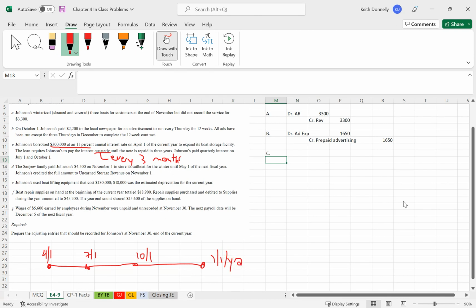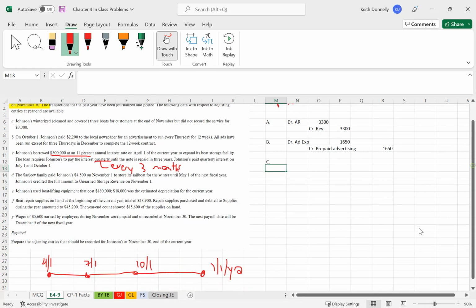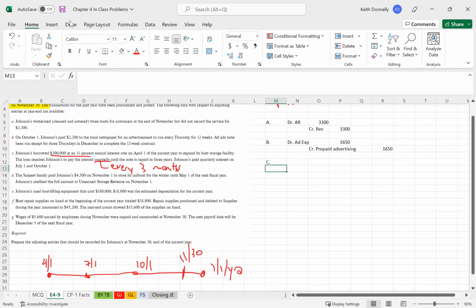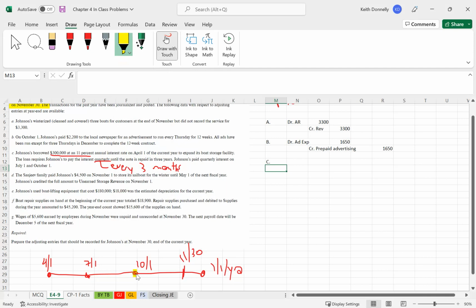Okay, but here's the deal. This is the magic date at 11/30. So we're right here at 11/30. What we need to do is accrue interest from here up until 11/30.